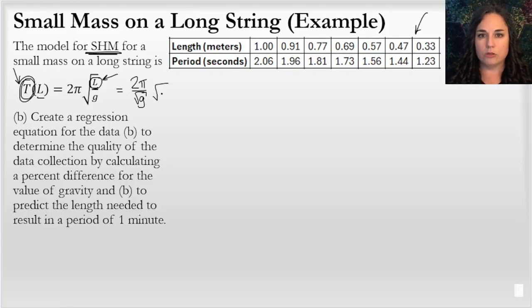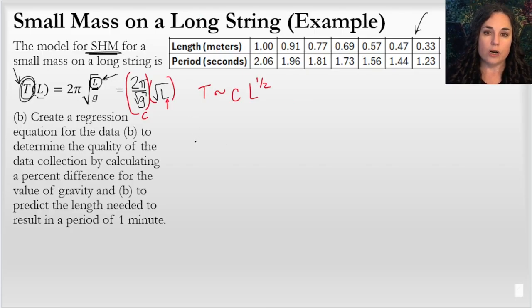Those are our constants, and then root L is our variable expression. This is our input variable, and then we have some constant out front. So hopefully you're seeing the model that I have set up, where the period is some constant times L to the 1/2 power.